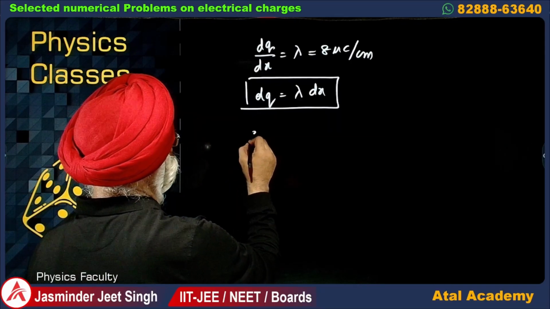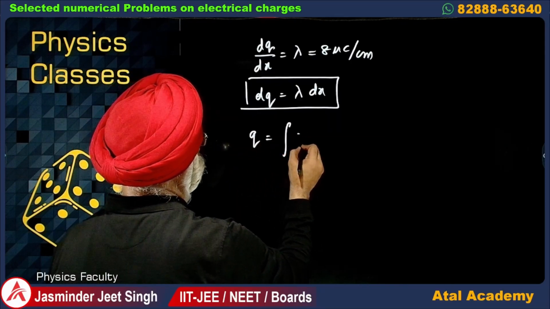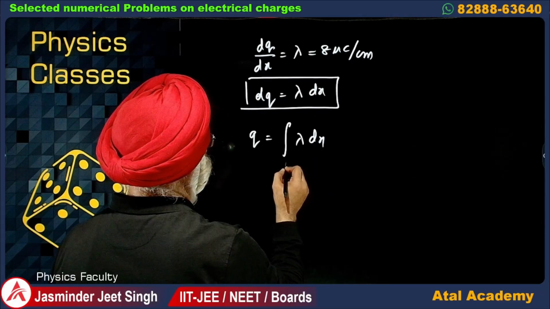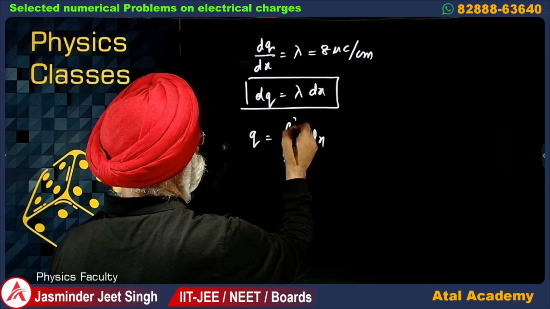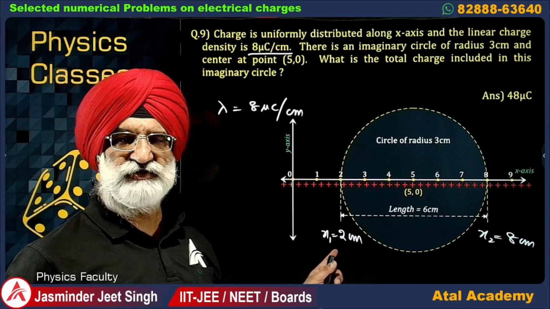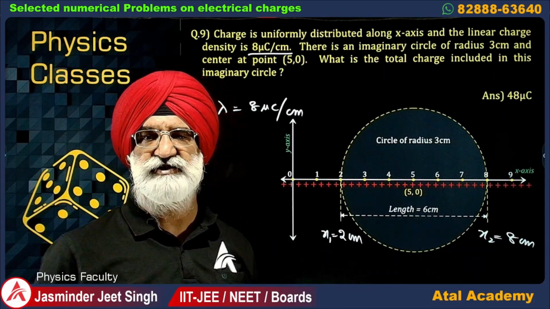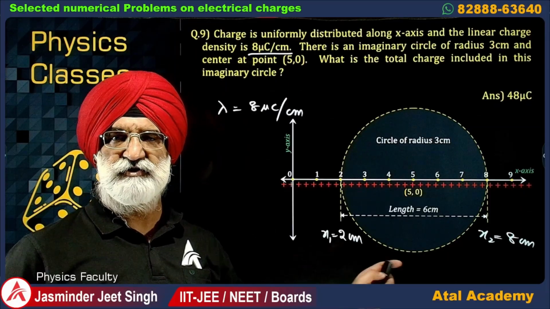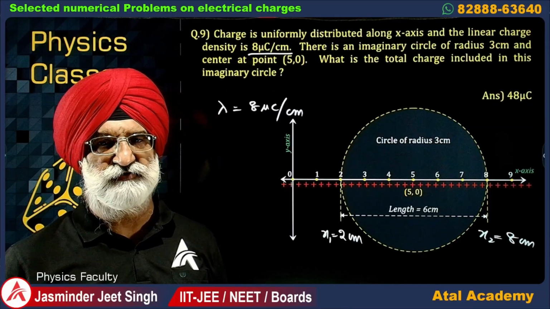The total charge q will become equal to the integral of lambda dx from x1 to x2, and x1 is 2 centimeters and x2 is 8 centimeters. From 2 centimeters to 8 centimeters we have to find the total charge.